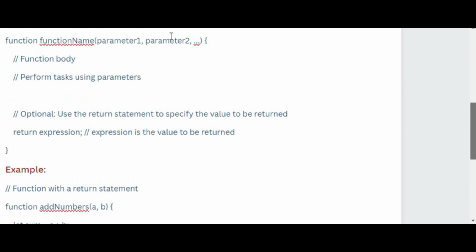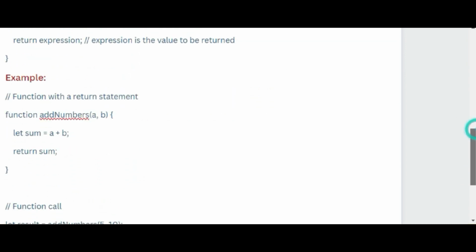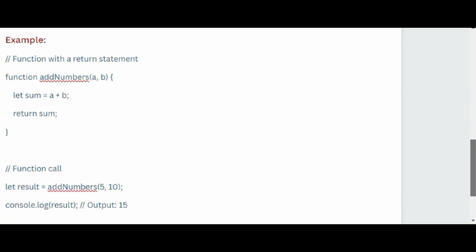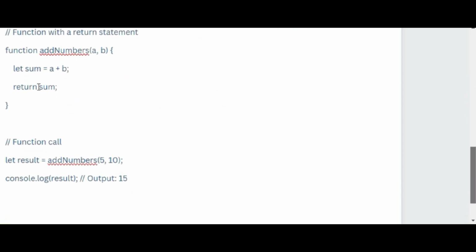Inside the function body, a variable sum is declared and assigned the sum of a and b, right? Here, this is the function declaration, this is the function body, and this is the return statement.